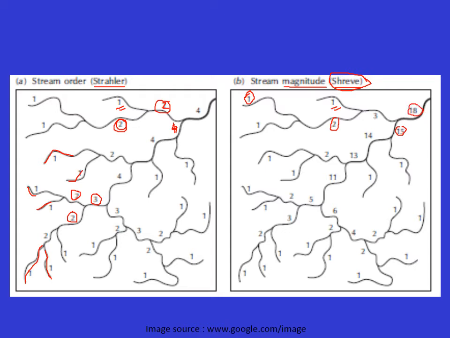So the Shreve method basically indicates how much river amount is made in the entire river basin. So 18 means that a higher number of smaller streams are meeting with each other to form this main stream.